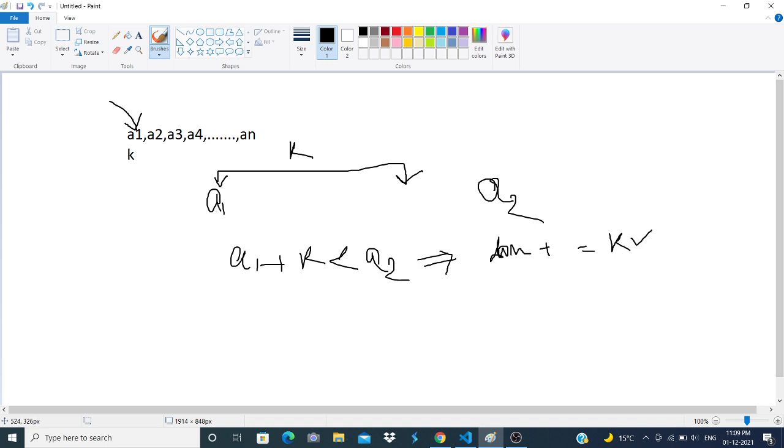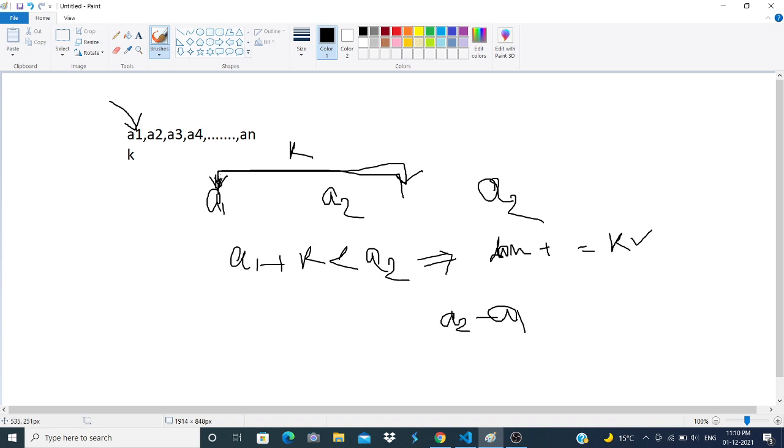But let's consider another case. Let's say my a2 is here. Although stabbing the dragon at the a1th second should actually yield a damage of k units, it will only yield a damage of a2 minus a1 units. Why?